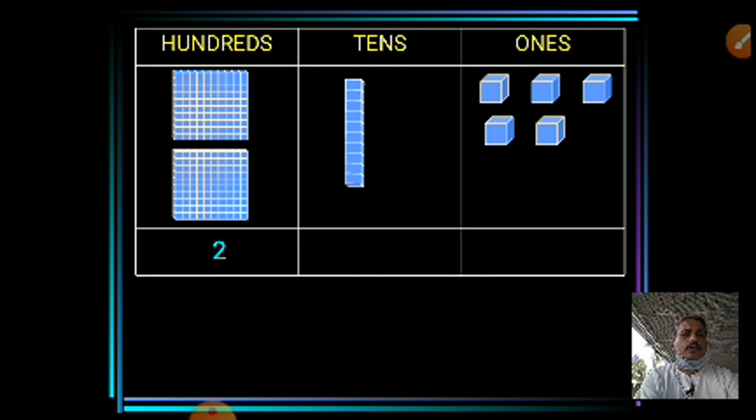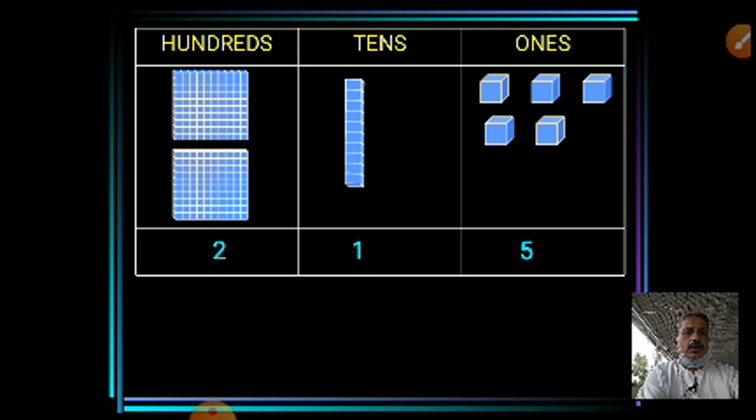So in the hundreds place we can write 2 for 2 groups of hundreds, and in the tens place, only one group of 10 is there, that's why we can write 1. In the place of ones there are 5 cubes, so we can write 5. So it shows us there are 5 ones, 1 ten and 2 hundreds.